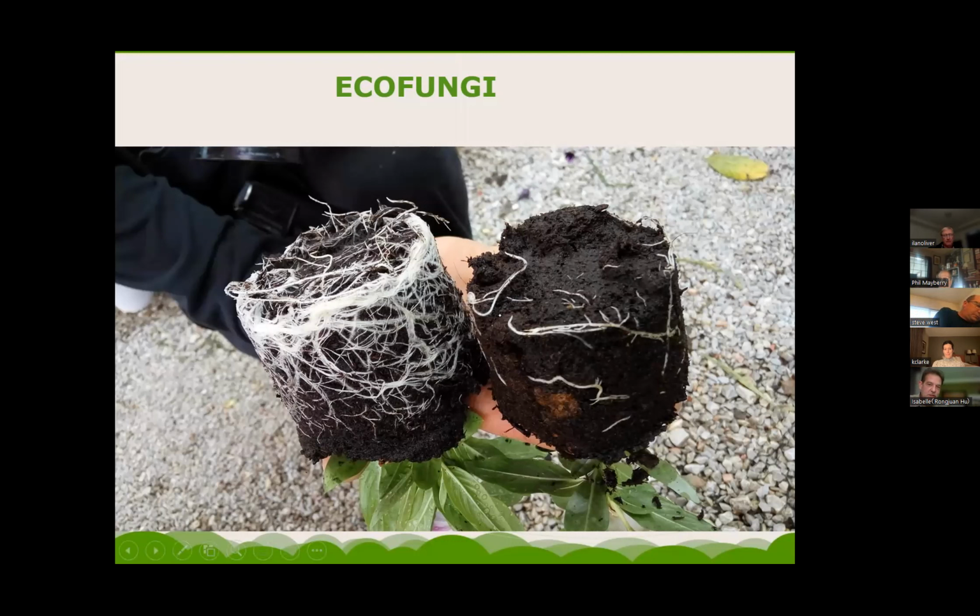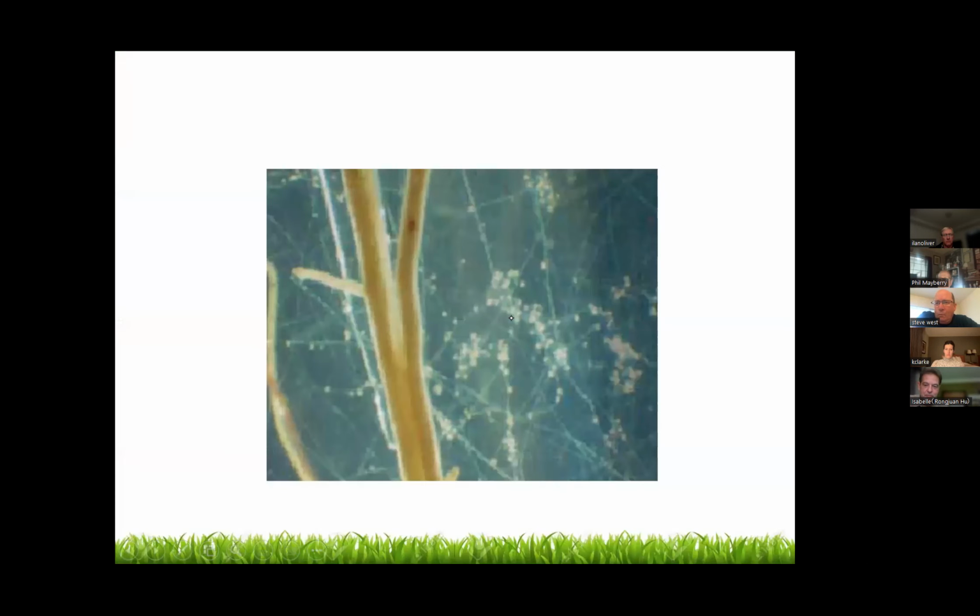This is the root system. So these are the real roots that grew more because of all the compounds that were produced by these microbes.